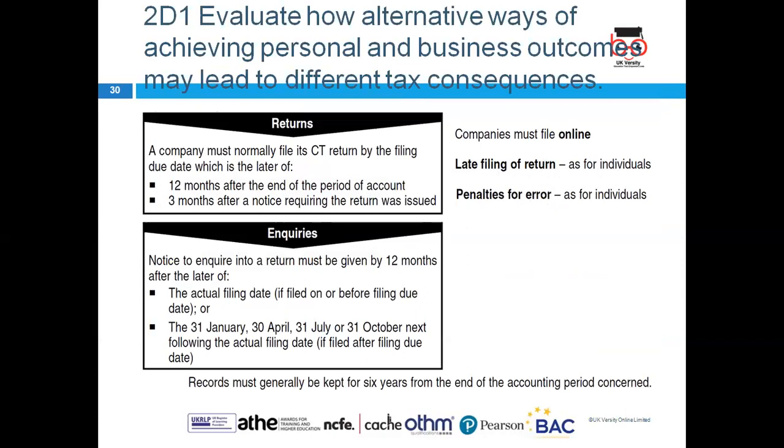Of course, we can do all these accordingly, and according to the Finance Act, we carry on looking at 31st January, 30th April, 31st July, 31st October. The company must file online. Late filing returns are as for individuals, and penalties for errors can be exactly as for individuals.